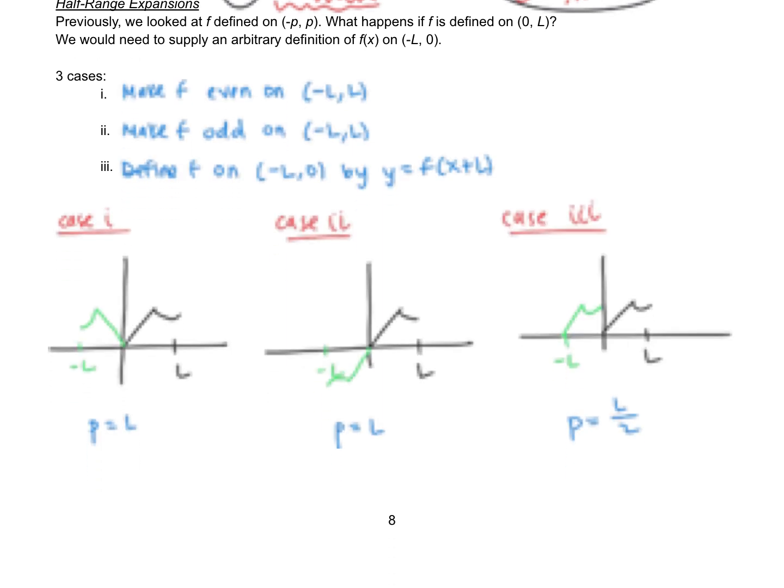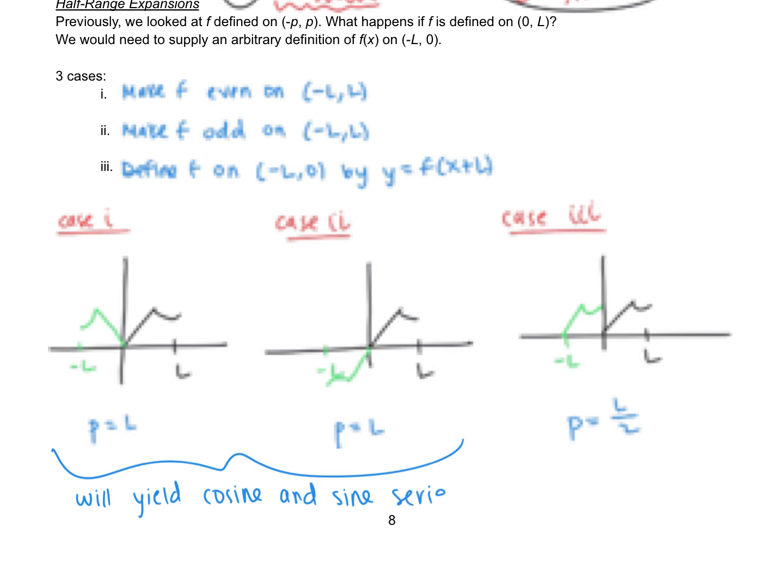So these cases 1 and 2 will yield cosine and sine series, and these are known as half-range expansions. So in the next example, we are going to take a look at doing all three of these cases.